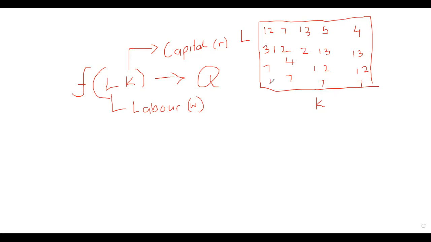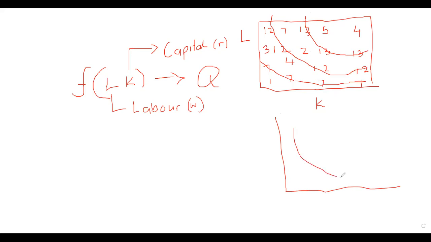So they'll ask you to identify the isoquants that are here. You discover that they're in a circular mode. This is our 13. This is our 12. This is our 7. So these points show the optimal combinations of labor units and capital units forming these convex curves.